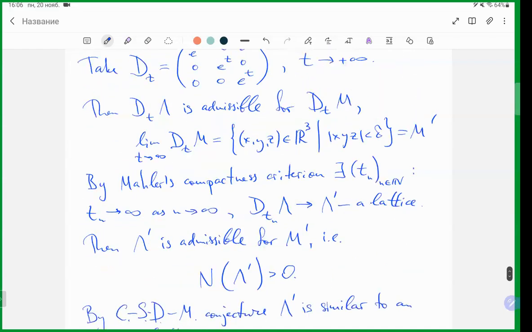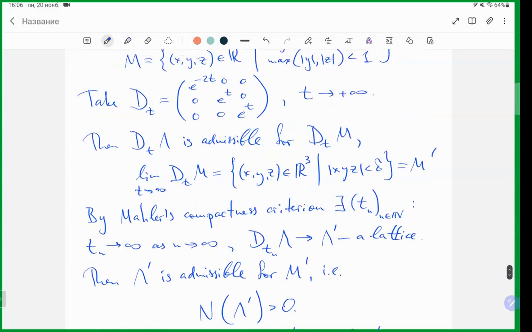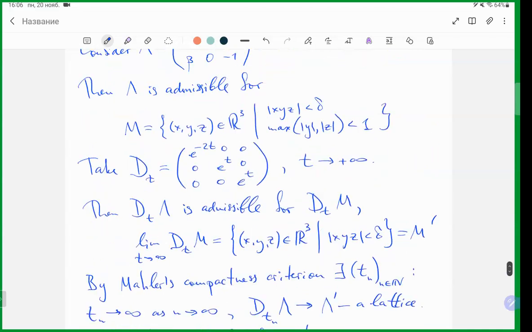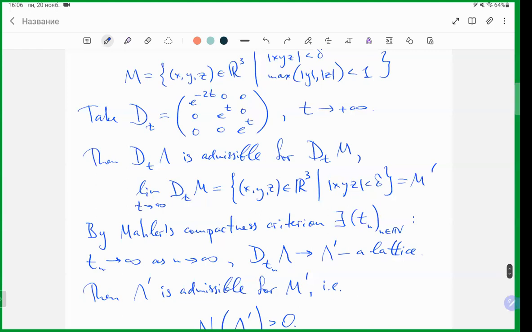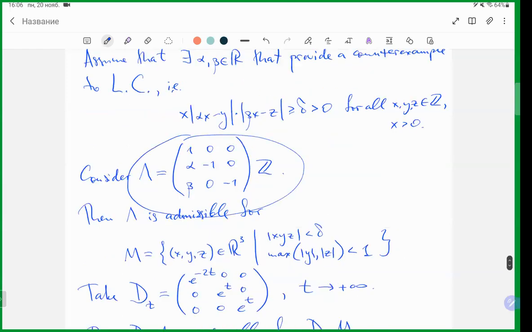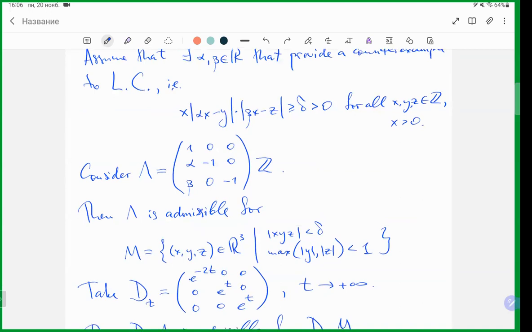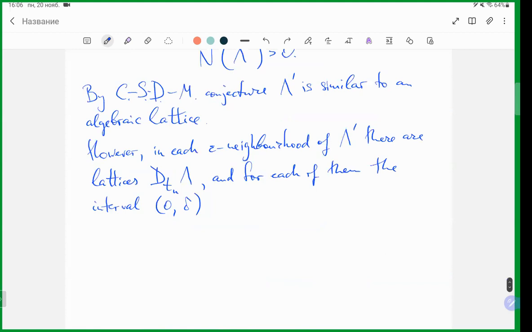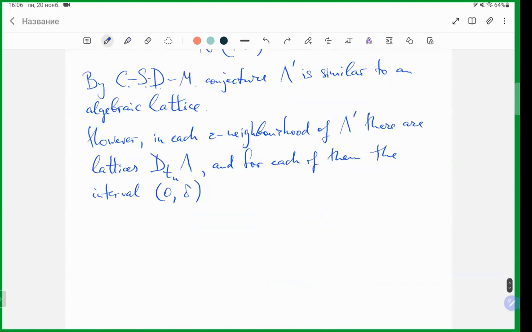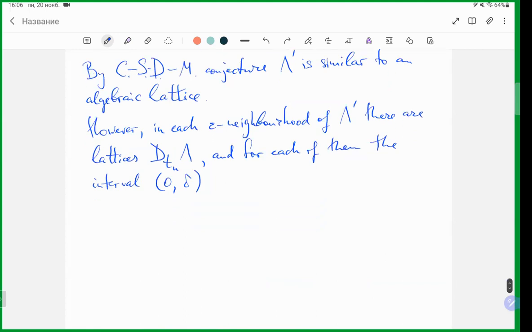Delta is this thing that bounds the product. If we forget about the points of this lattice that have the first coordinate equal to 0, then all the other lattice points will have the products of coordinates bounded away from 0 by delta.